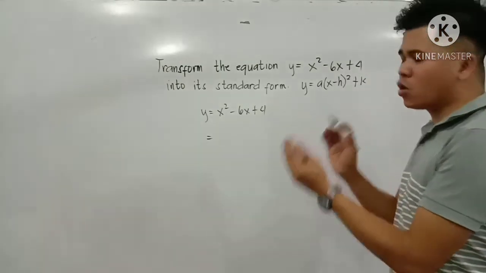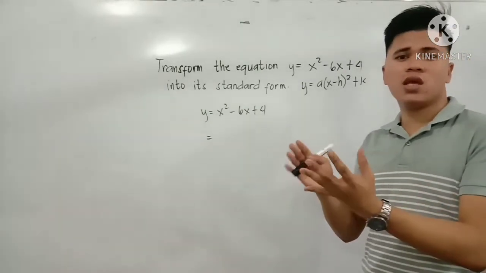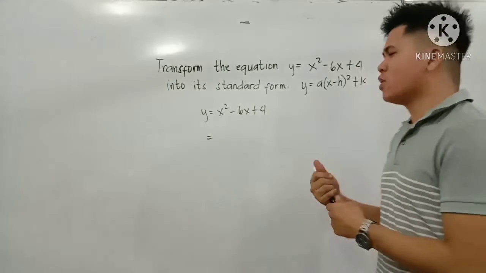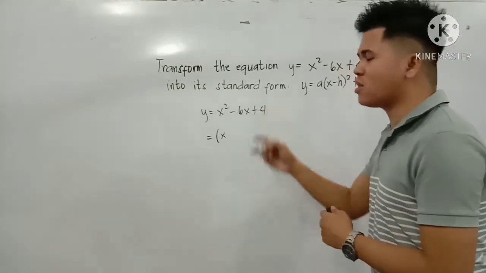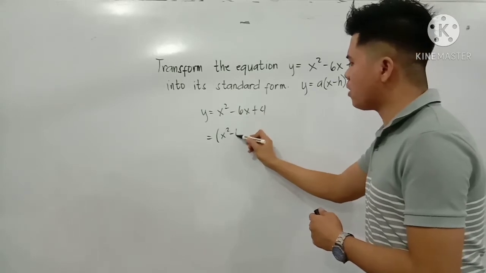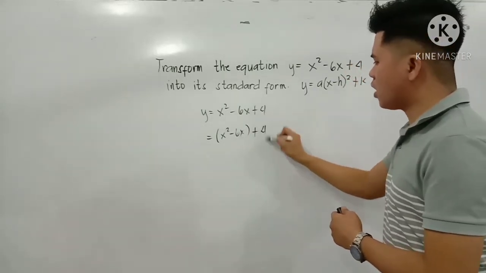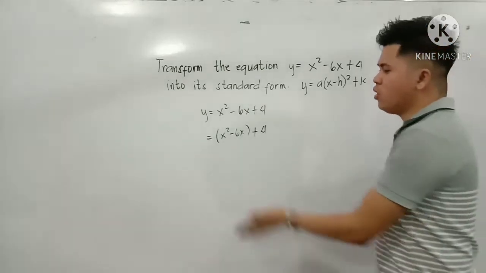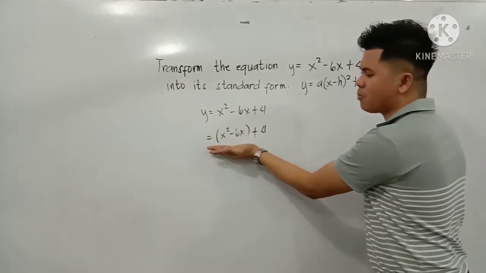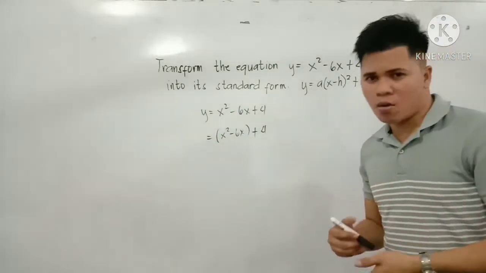So we have to group the first and the second terms, or the terms with a variable. Simply write inside the parentheses x squared minus 6x. Again, do not include the constant. Then, we have to rewrite the terms inside the parentheses into a perfect square trinomial.